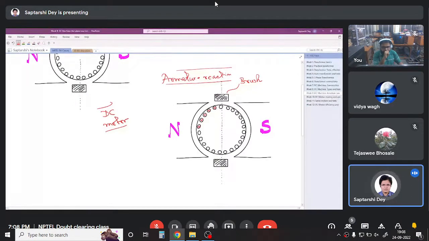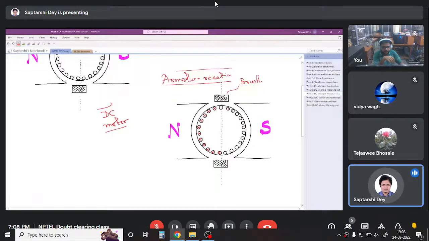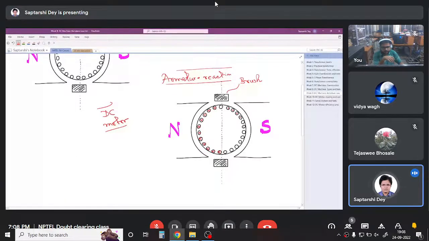So if, let us say, the currents flowing at this side of the conductor are all cross currents, then the currents on the other side of the conductor are dot currents. So this is the current that has been introduced to the armature circuit of this DC machine from outside, and as a result of that, this DC motor is rotating.